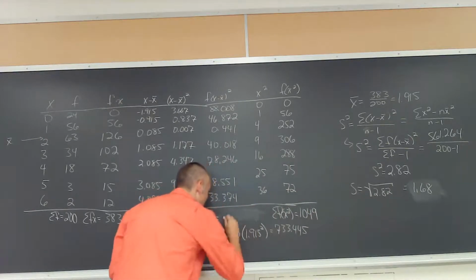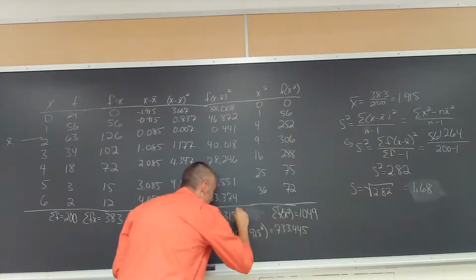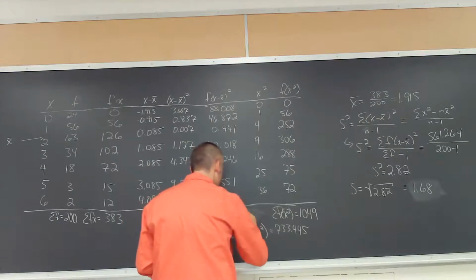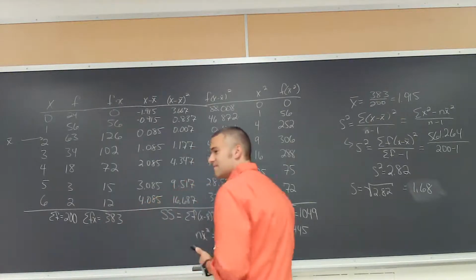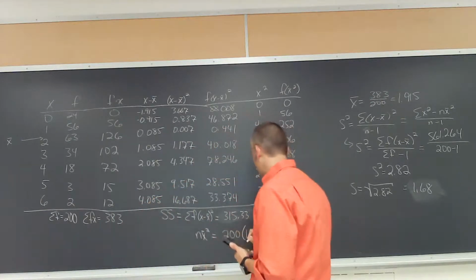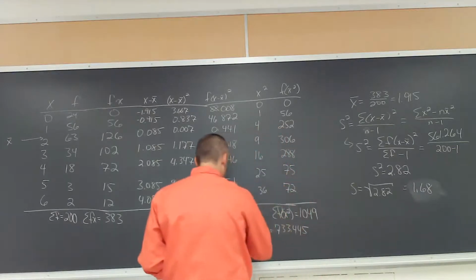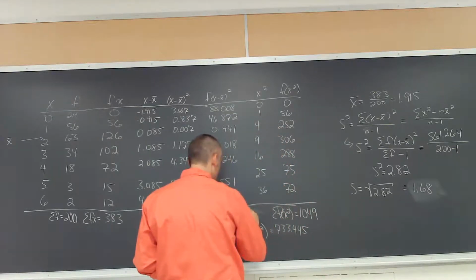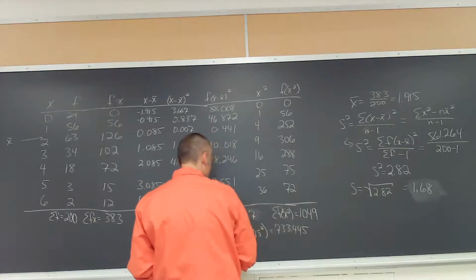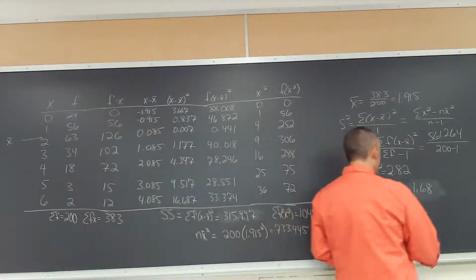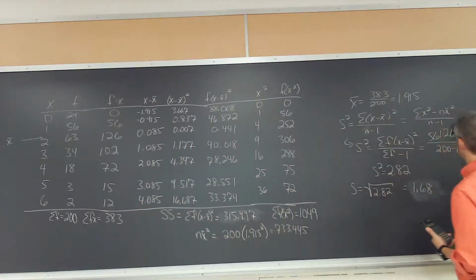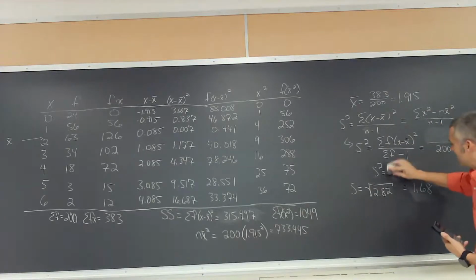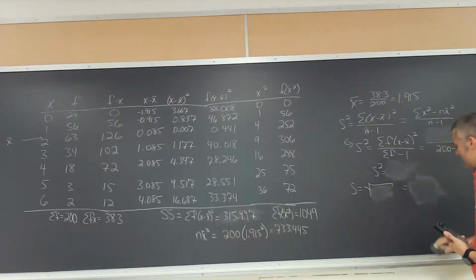I say something's not right here. 315? 497. All right, so that's that 315, 497. So that changes that. It's the same answers.